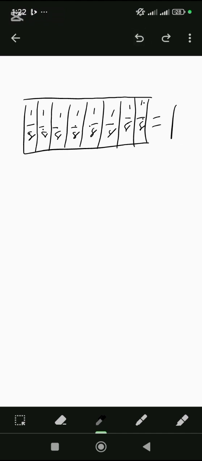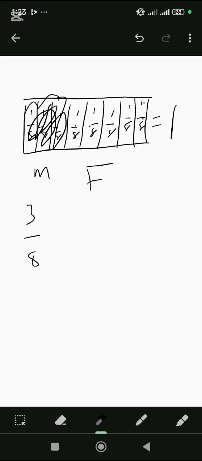But let's say that out of these 8 people we are giving this bread to, 3 of them, which is 1, 2, and 3, we shade this part, that they are all male, and the unshaded parts are the females among these people. What this means is that the fraction of males that receive this bread will be 3/8.